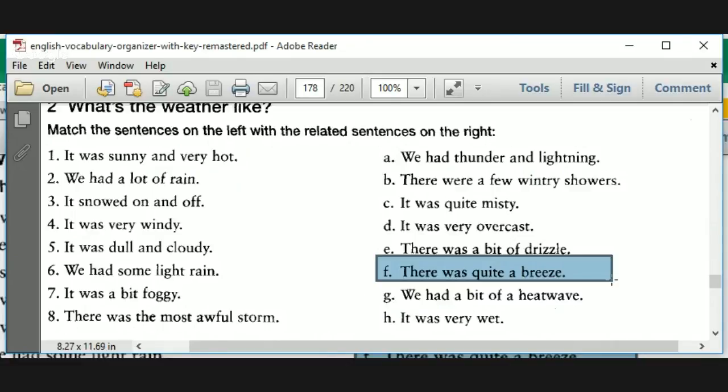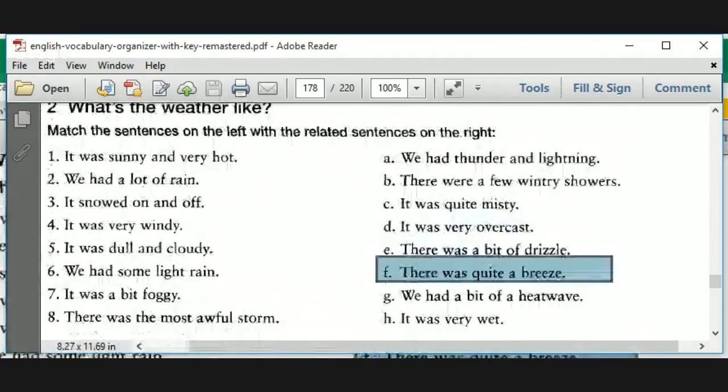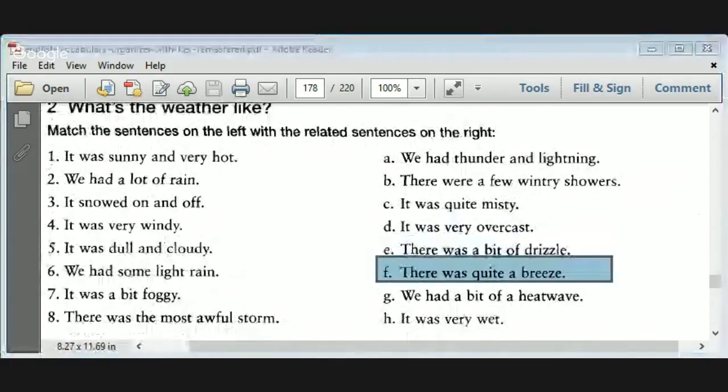It's constant. When the wind is very strong on and then off and then on again, we say it's gusty. Gusty wind is when you have strong wind on and then off.